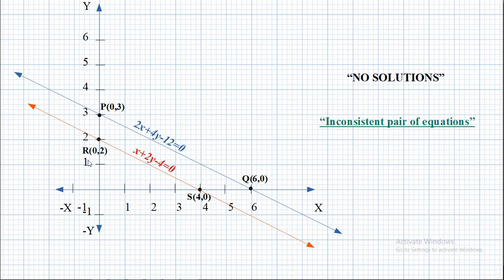So this pair will have no solutions, as they have no common points. This type of pair is called an inconsistent pair of equations. We discussed all these in our previous videos. If you have any doubt, you must watch the previous videos.